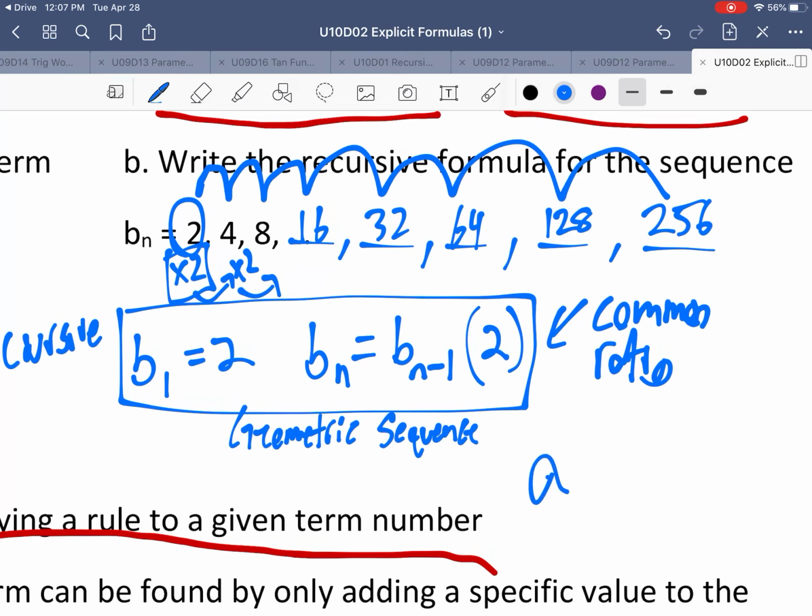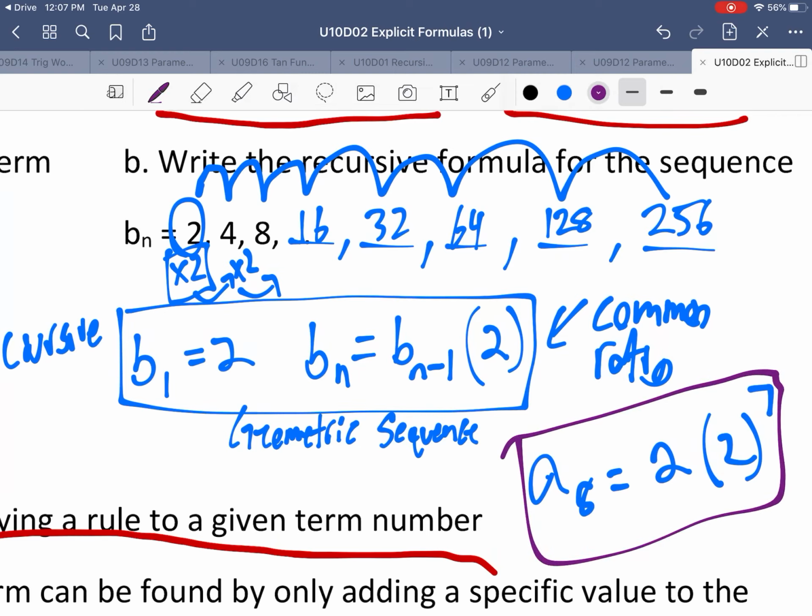So if I want to find the 8th term, instead of starting at the previous term, the 7th term, I could start at the first term, which is 2, and multiply by 2, the common ratio, 7 times. So this would be the formula needed to find the 8th term without finding all the terms before it.